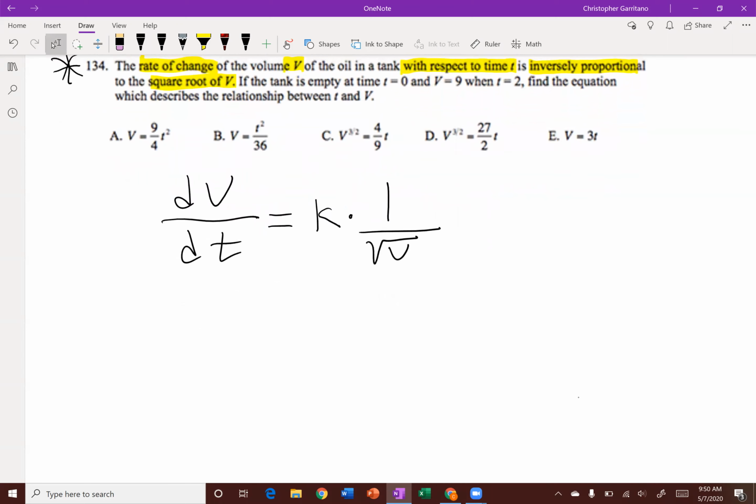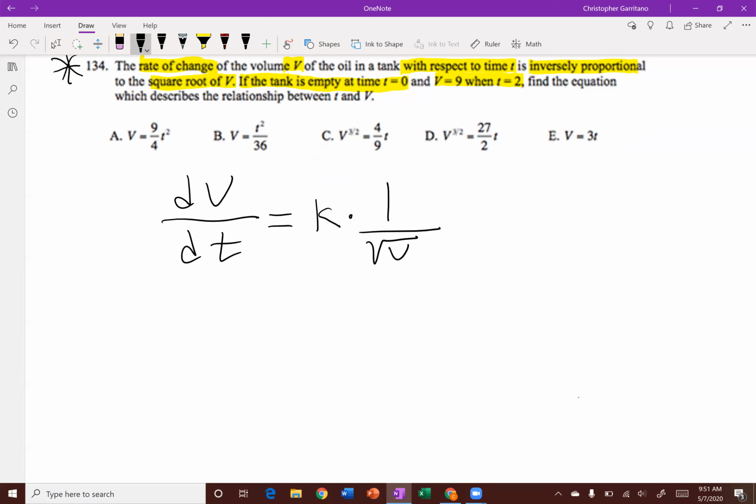It then goes on to give us two different initial conditions. The tank is empty at time 0, and V equals 9 at t equals 2. Find the equation which describes the relationship between t and V. Basically we need to solve this differential equation. Remember, the solutions to differential equations are equations themselves.